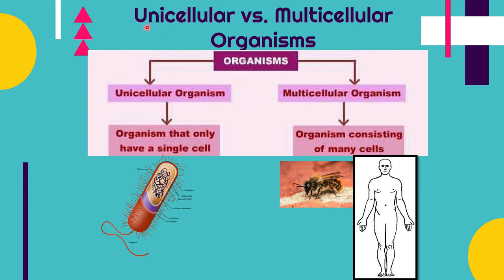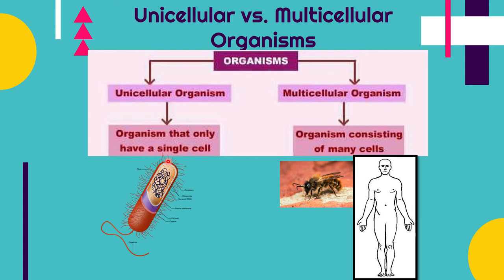Uni means one or single. So these organisms are made up of a single cell, or they are only made up of one cell. So for example, we have a bacterium. So single organism raman, we will call that bacterium. So if daghan sila, we will call that bacteria.